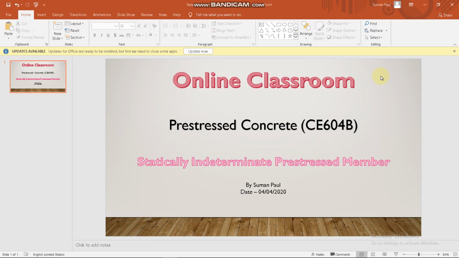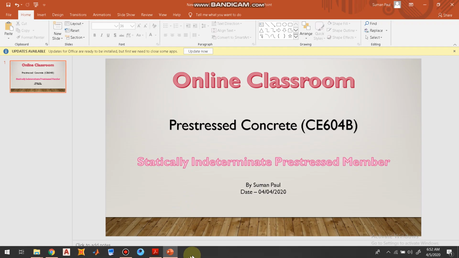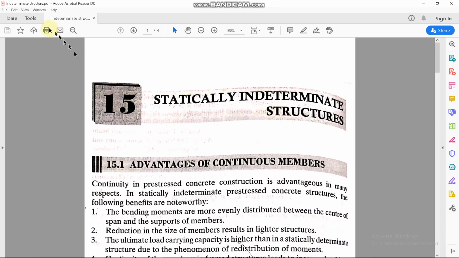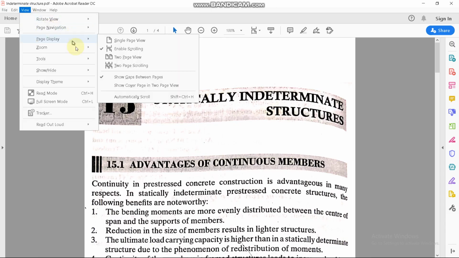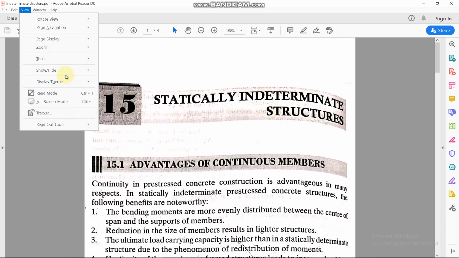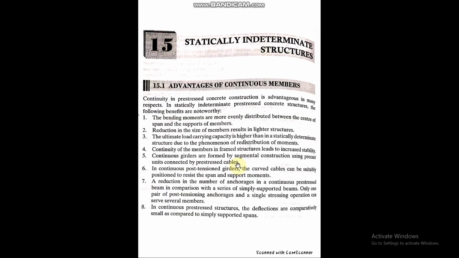So there are a few benefits of using indeterminate structures. When we use indeterminate members which are prestressed in nature, the bending moments are more evenly distributed between the center of span and the support members.